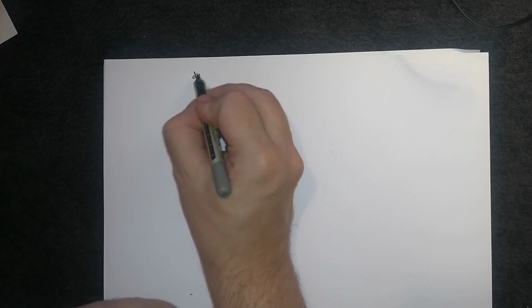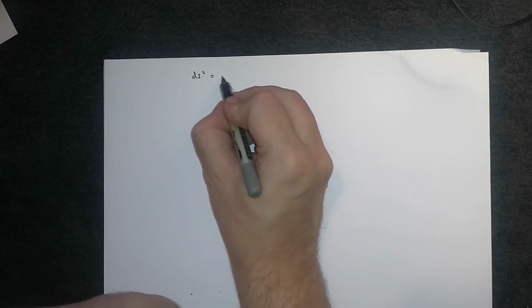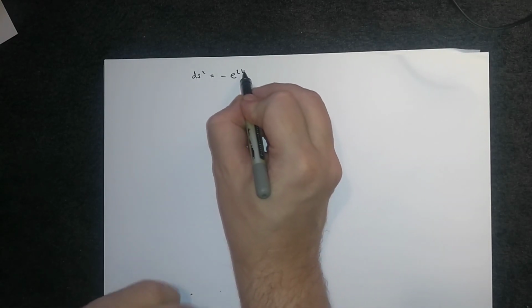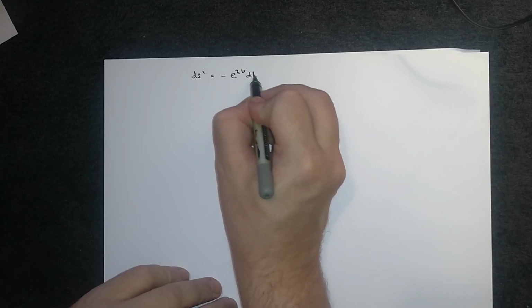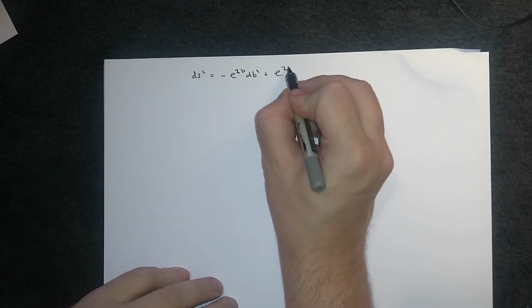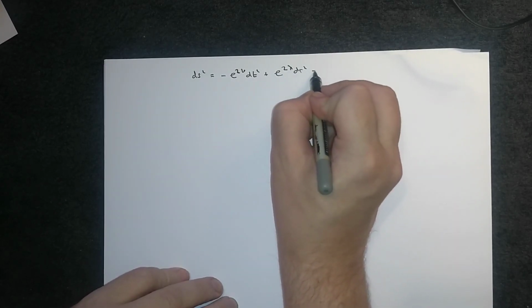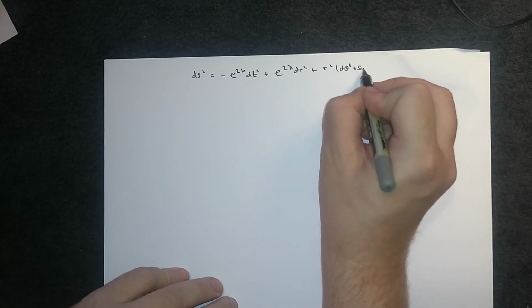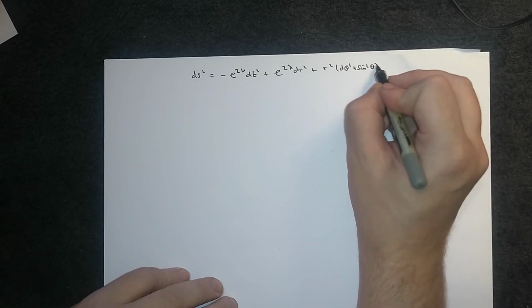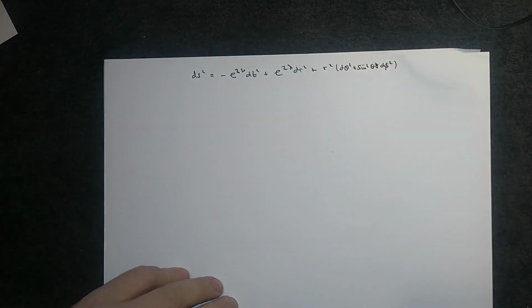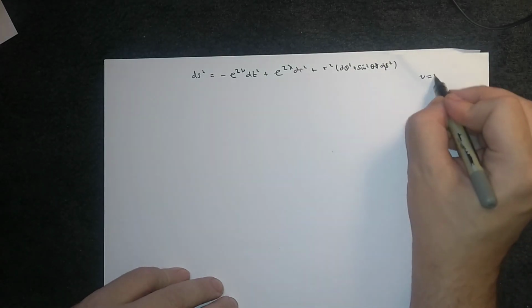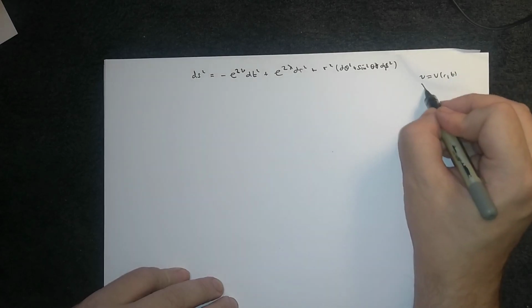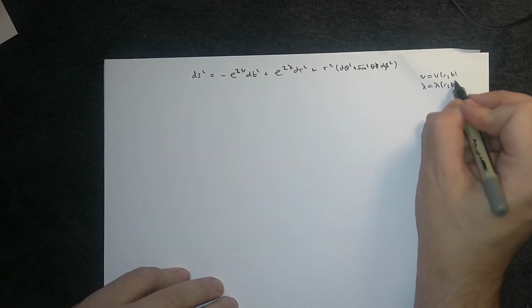So I can write ds squared equals minus e to the 2 nu dt squared plus e to the 2 lambda dr squared plus r squared d theta squared plus sine squared theta d phi squared, where nu is nu of r and t, and lambda is lambda of r and t.